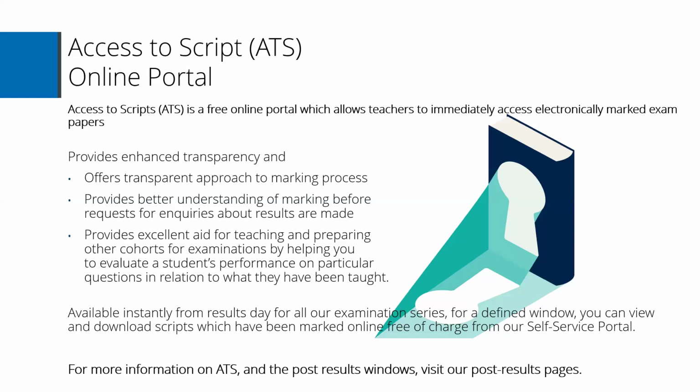It might be as expected, or it might be something you weren't expecting, good or bad. So it's a free way of accessing that information and seeing first hand what they have actually achieved. But as I say, it must be with their permission. It is free and it is available from results day, so that's something else to definitely have a look at after the exams.